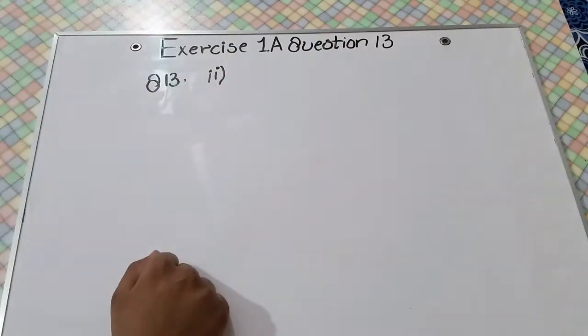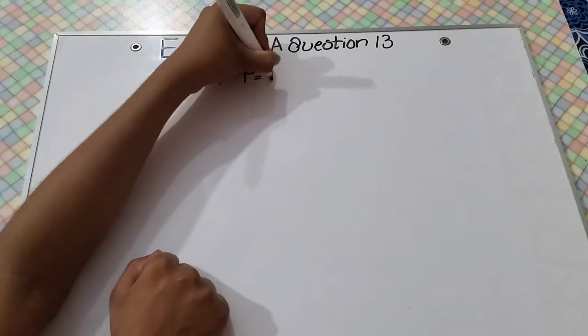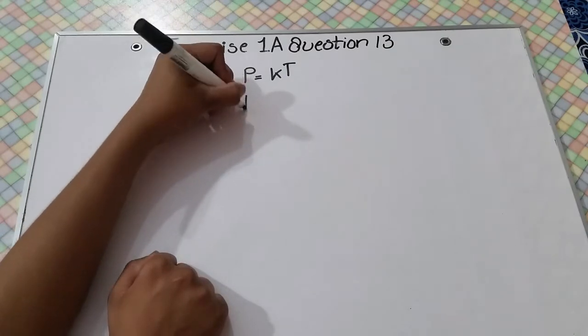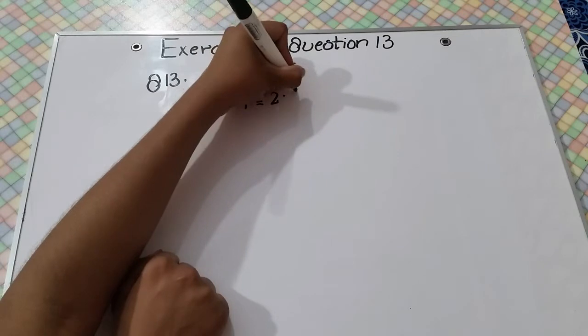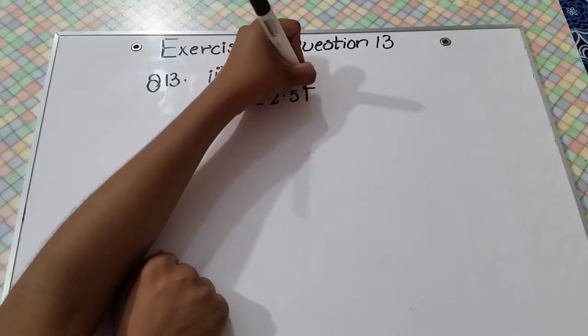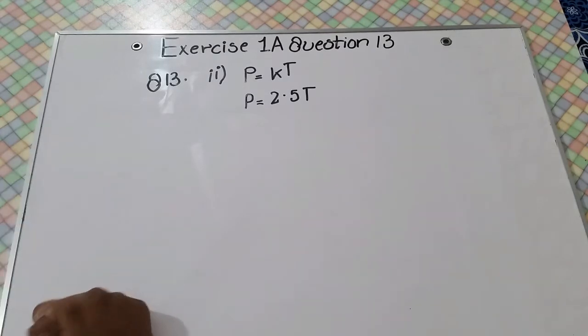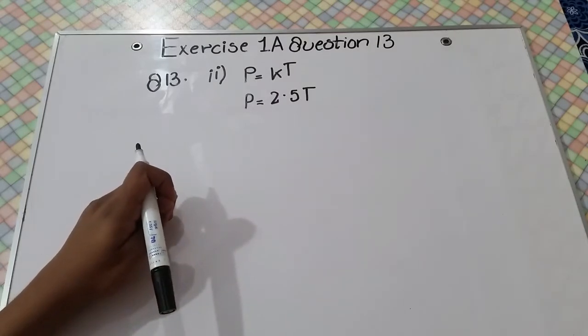In the last part we created a formula that was P equals KT. So now P equals 2.5 T, as we found the value of K, which is constant. Now 2.5 will be constant in the formula. So in part 2 they are asking to find the value of P when T is equal to 24.